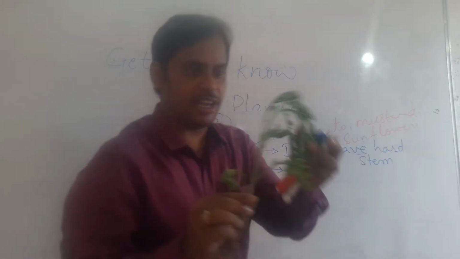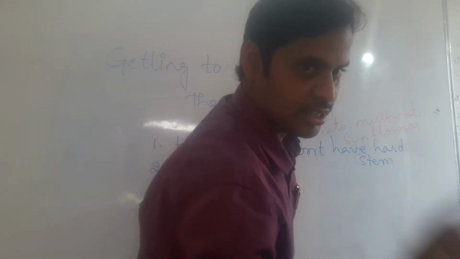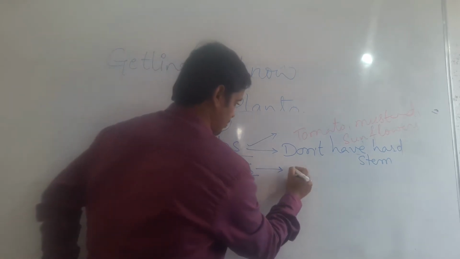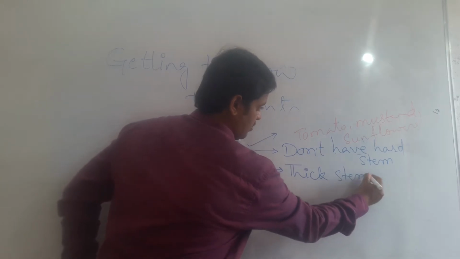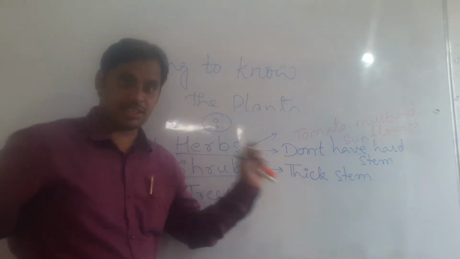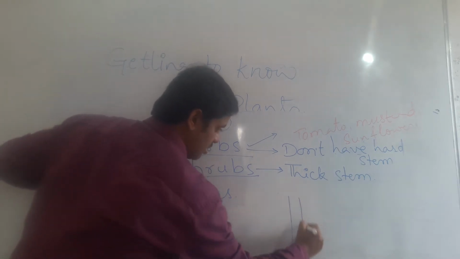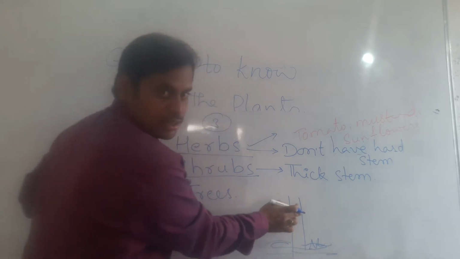A herb is a plant which has a weak stem, whereas a shrub has a very hard stem. It has a thick stem, which means it is able to withstand in the ground.